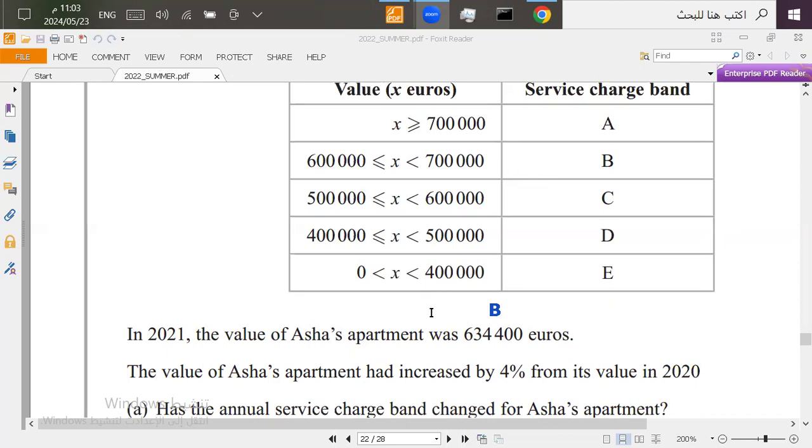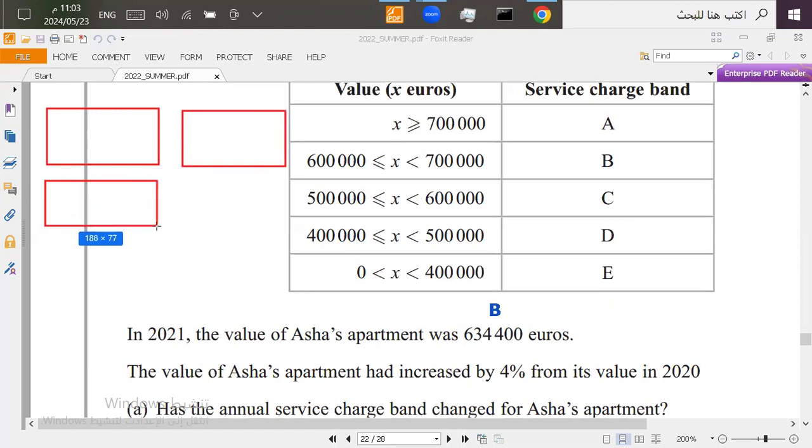So first, we know that this is the new value and this is the percentage and it's an increase. We can use the X method here, or the boxes, and check if the number has changed from the service charge band. So first, we don't know the original, which is 100%.